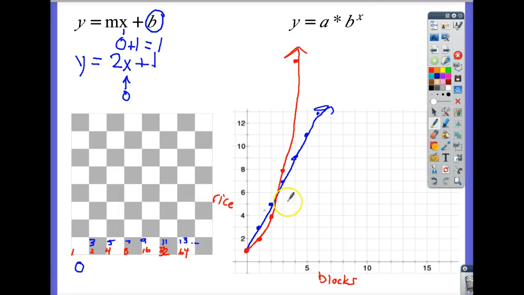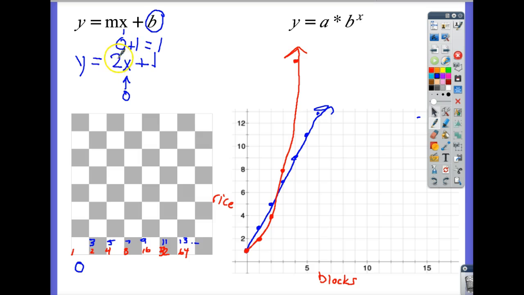That's why that is your y-intercept for the linear. And then each block is going to be x. If I go to the next block, block 1, then it'll be 1 times 2, which is 2, plus 1 is 3.